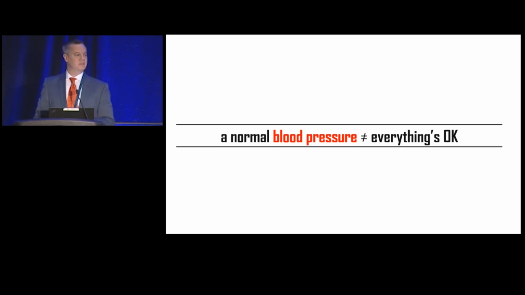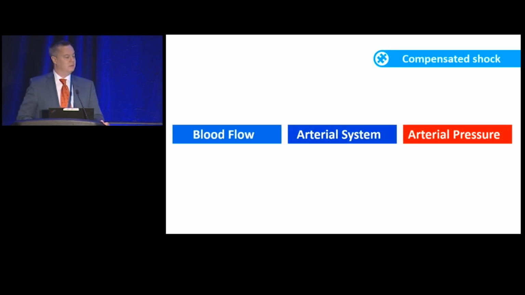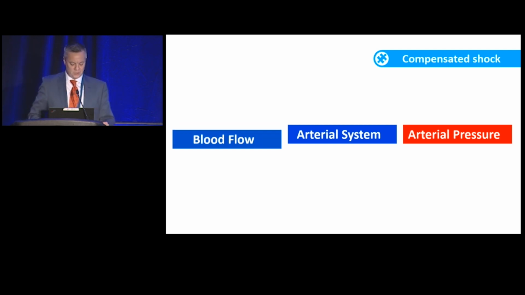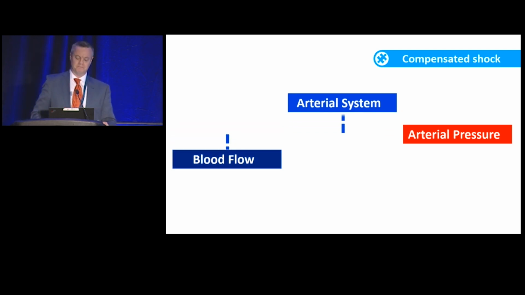Obviously, a hypotensive patient means that all this regulation, all this balance between the heart, the flow generated by the heart and the arterial system, has been lost. For example, we can see here a patient that is bleeding. So the blood flow decreases.